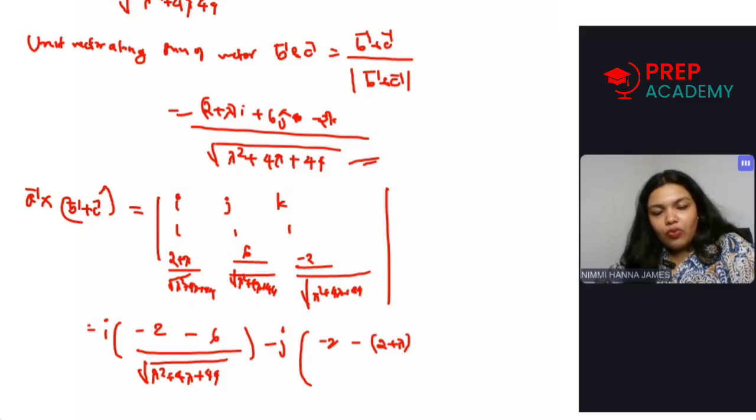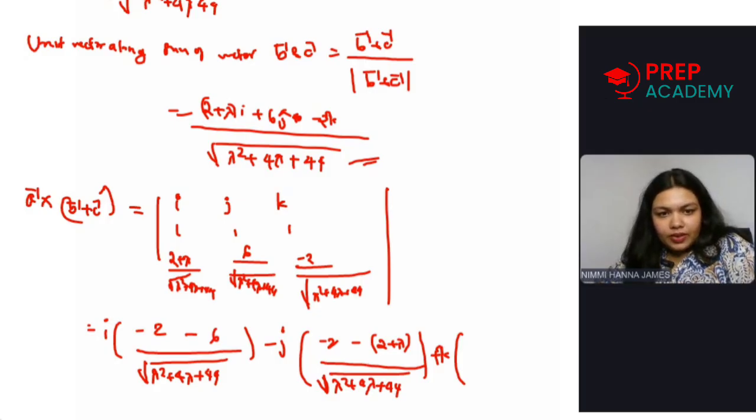This is j, so 1 into this and (2 plus lambda) into this. So by root of lambda squared plus 4 lambda plus 44, plus k into 6 minus (2 plus lambda) by root of lambda squared plus 4 lambda plus 44.